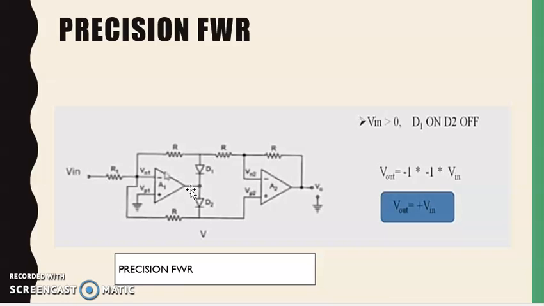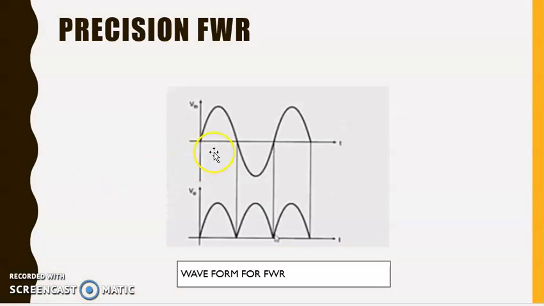So here we are getting 2 times inverting amplifier, so inverting rectifier. So V output is -1 times -1 times V input. Minus into minus, we get the positive output. So V output is equal to V input. You can see here, as the positive half cycle conducts, the output waveform also comes in the positive way.